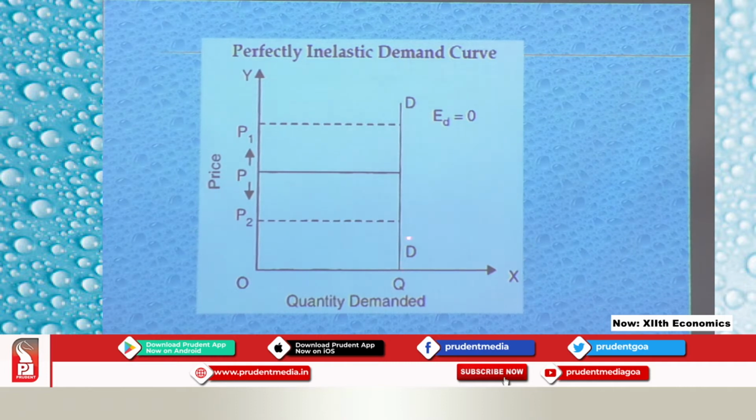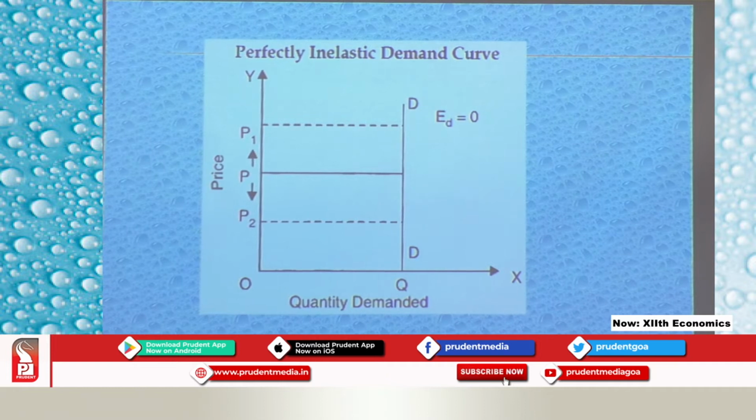OQ is the quantity demanded. At any price, price may be OP, OP2, OP1, whatever may be the price, you are going to buy the good because it is a question of saving a life. Okay. So, this is the second type of price elasticity.